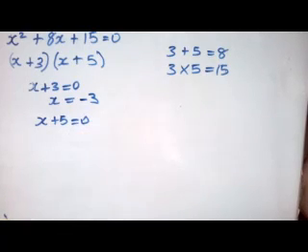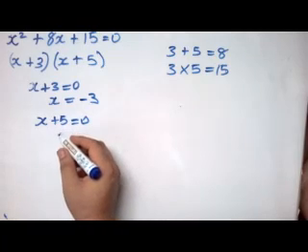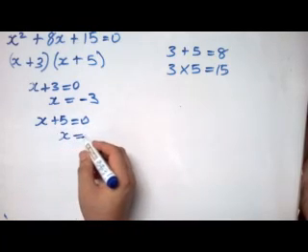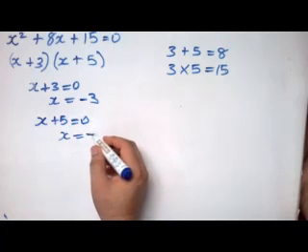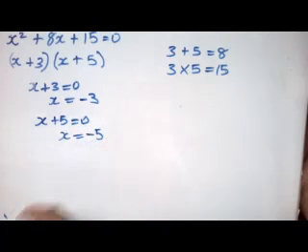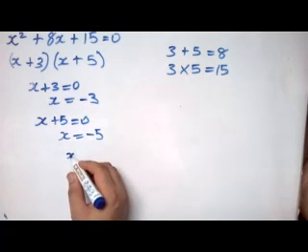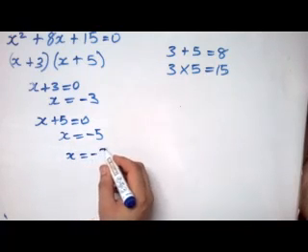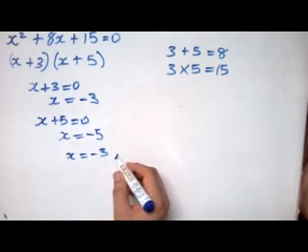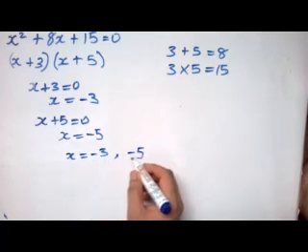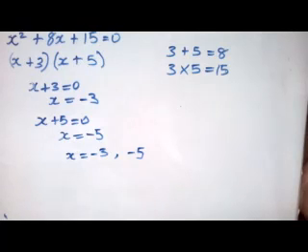So when x is made the subject of the formula, plus 5 crosses over to become minus 5. So in this quadratic equation, the answer is x equal to minus 3 and minus 5. That is the answer to this equation using the factorization method.